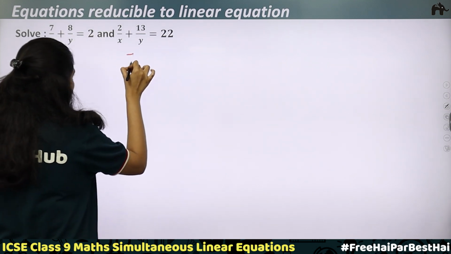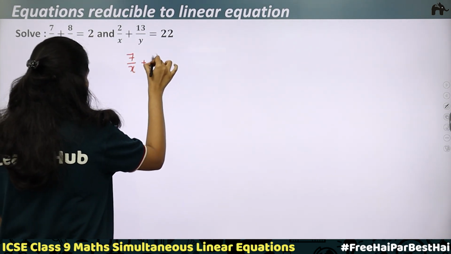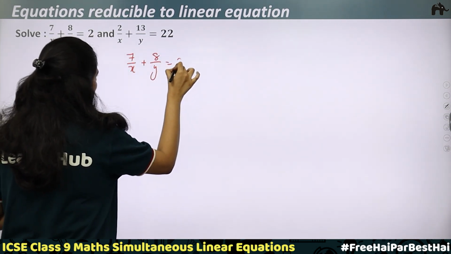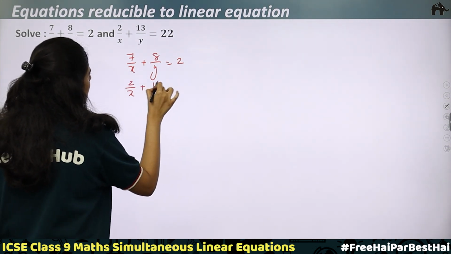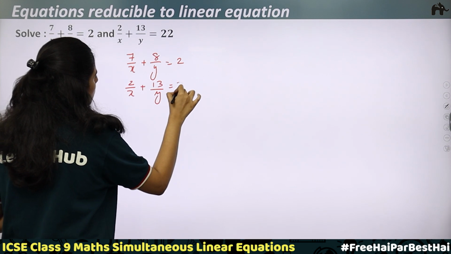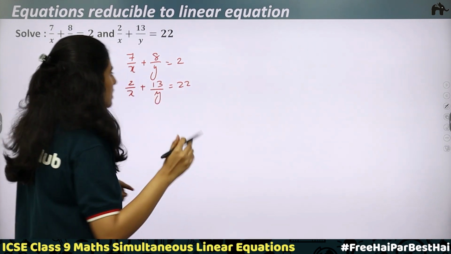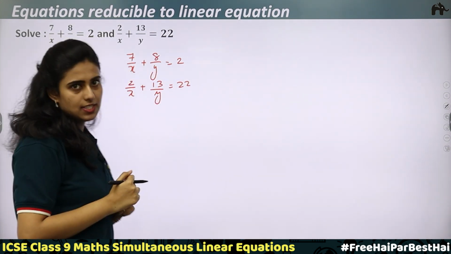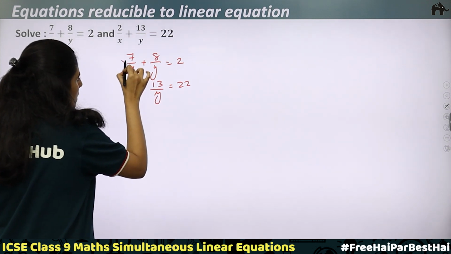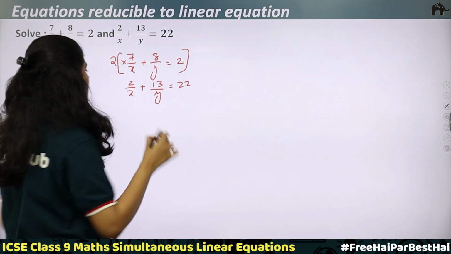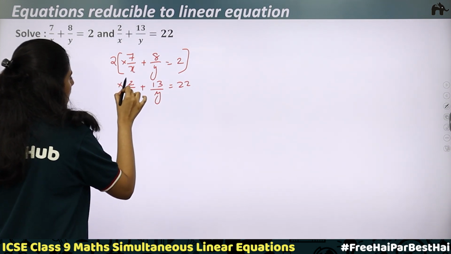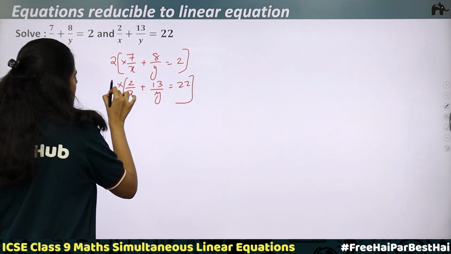Here you have 7 by x plus 8 by y is equal to 2, the first equation, and 2 by x plus 13 by y is equal to 22. Here I am going to make the x containing terms the same. For that I am multiplying throughout the first equation with 2, and throughout the second equation with 7.